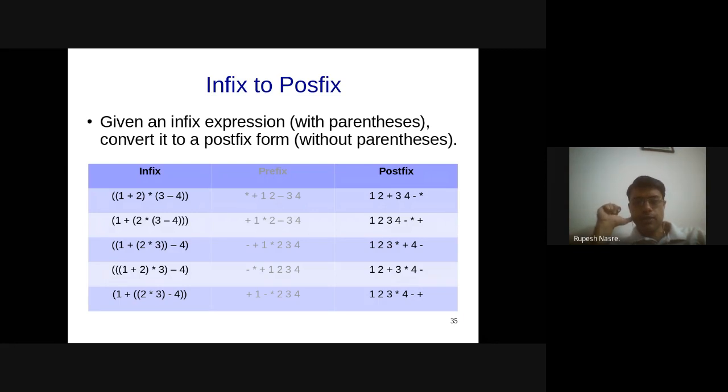Andrea says encounter a bracket, then push operator, last operand, first operand. Okay. Push the operator, then the last operand, and then the first operand. I see.